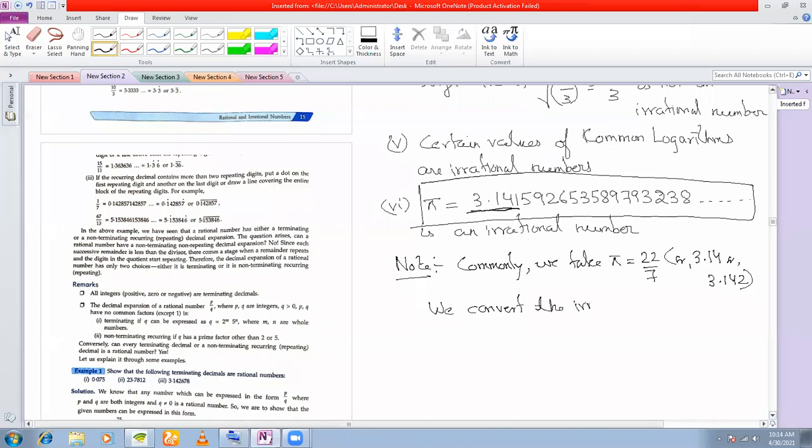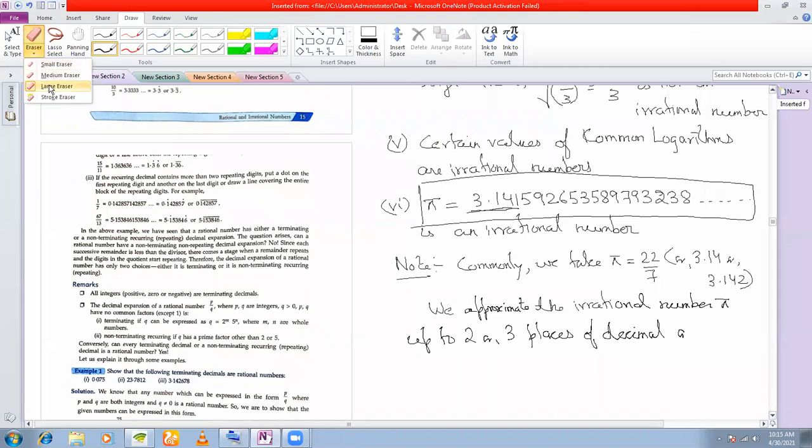In fact, not convert, we approximate or round off the irrational number pi up to 2 or 3 places of decimal, and that is approximated to a rational number, for convenience of calculation.